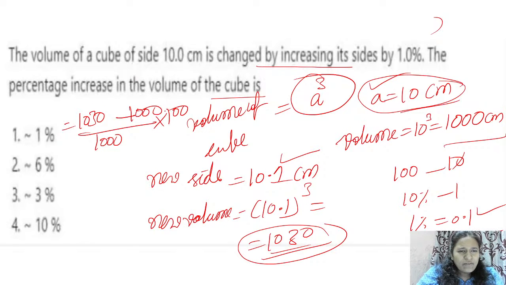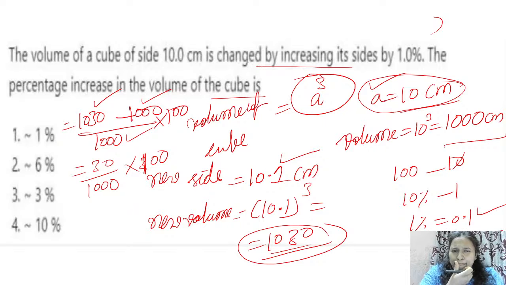That is the new value minus old value divided by the old value into 100. 30 by 1000 into 100. How much are we getting? Yeah, 3. This is approximately equal to 3.